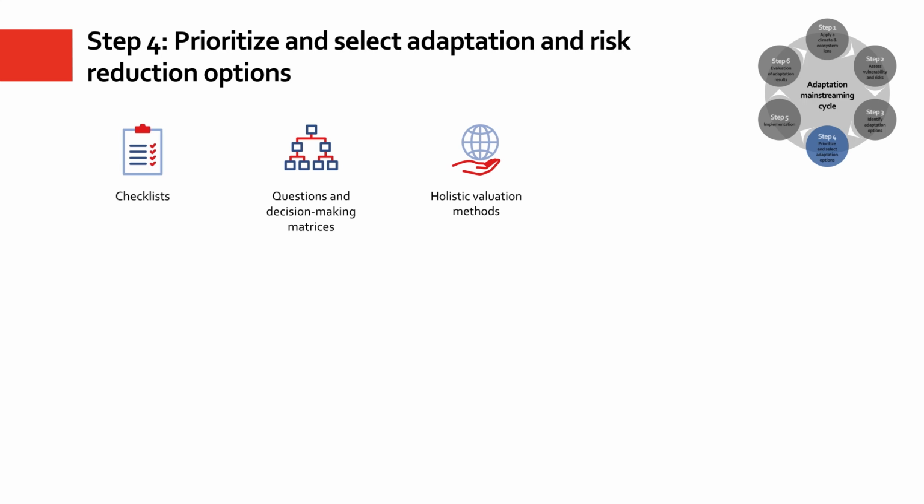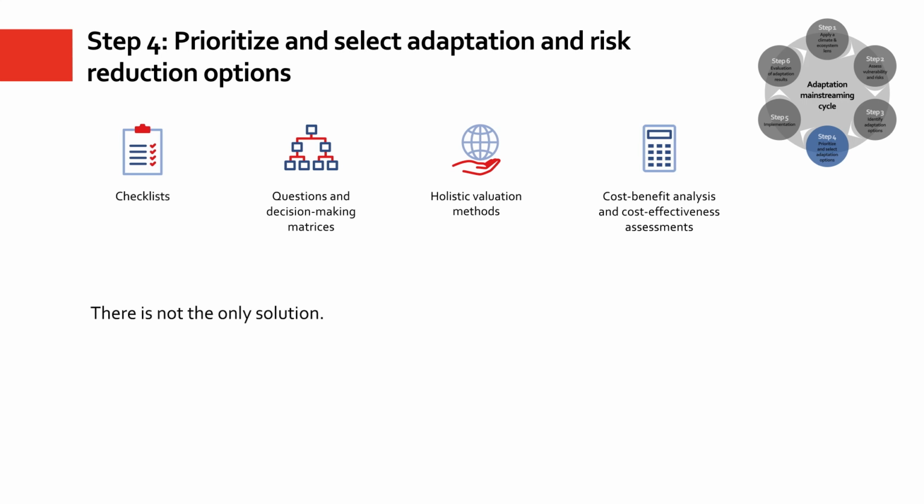Holistic valuation methods that consider multiple dimensions can be a valuable method to assess the adaptation options from different perspectives. If you plan to compare different measures, such as a dam, agroecological practices, or early warning systems, in monetary terms, a cost-benefit or cost-effectiveness analysis might be the right tool.